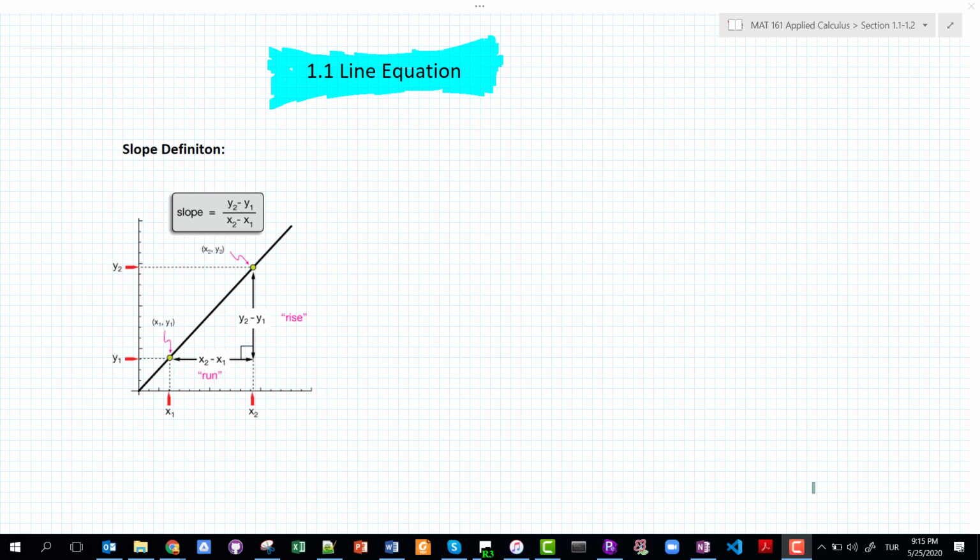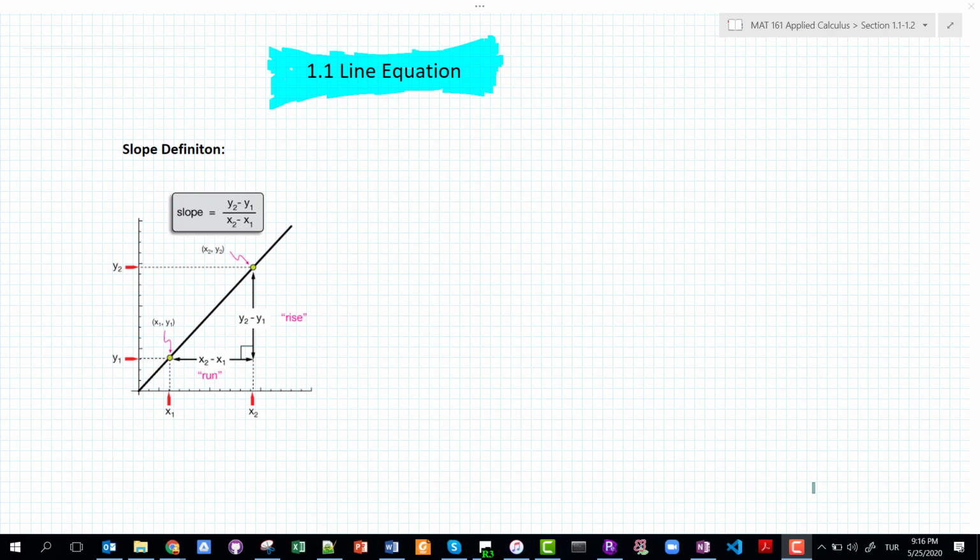Before getting into line equation, we will need a concept which we call the slope, and the slope is the crucial part of the line equation. That's why we need to talk about the slope definition first.